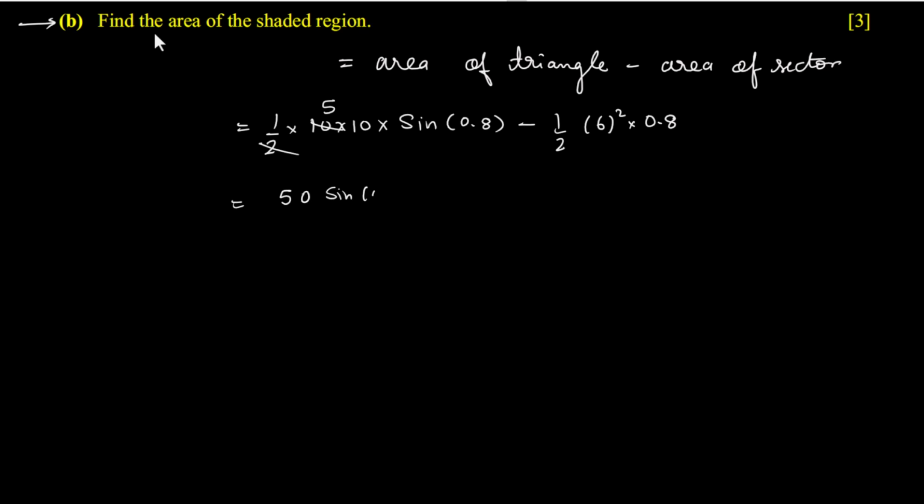So it is 36 over 2, which is 18, times 0.8, and we get the value 21.4678 and so on. This is correct to 3 significant figures as 21.5 centimeters squared. I hope it is clear.